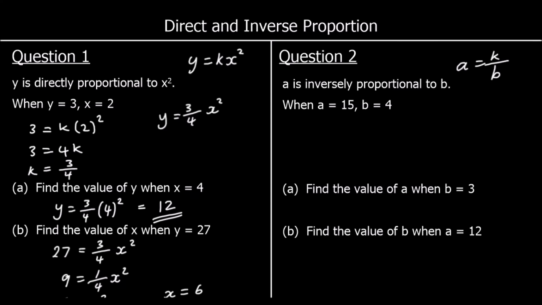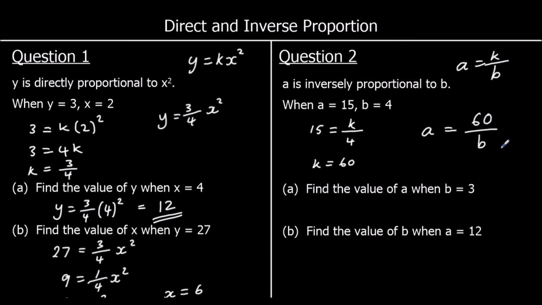So in this question, a equals k over b, and we're given information so we can find out what k is. So 15 equals k over 4. So multiply both sides by 4, and we'll get k is 60. So the formula in this question is a is 60 over b.